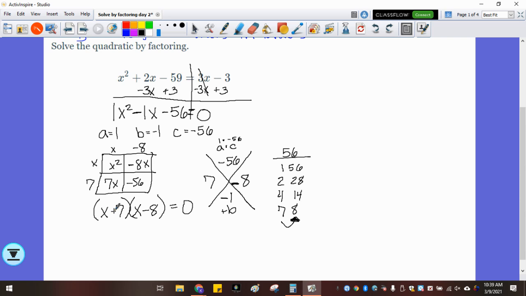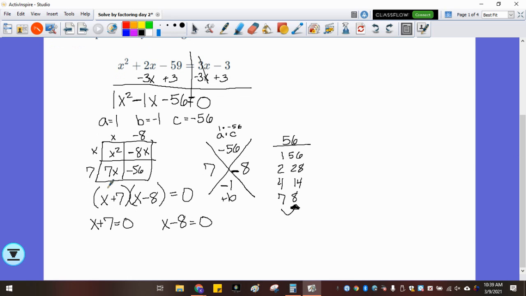Now you have to set each factor, each parentheses, equal to 0 and solve. So that's just one-step equation solving. Hopefully not too hard for you.